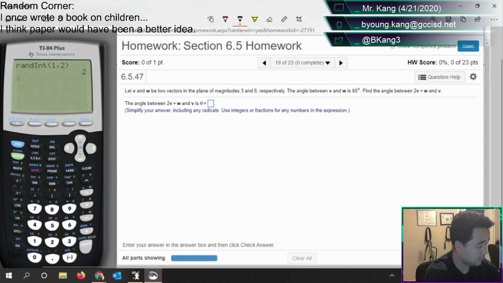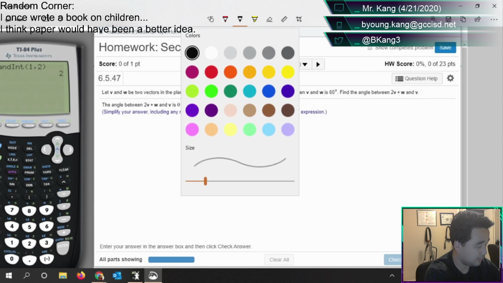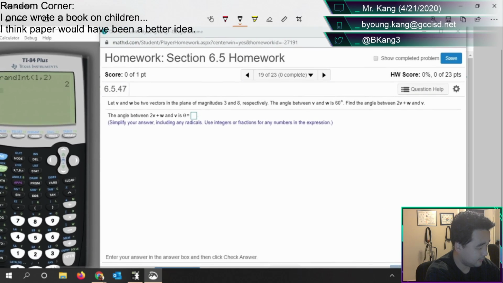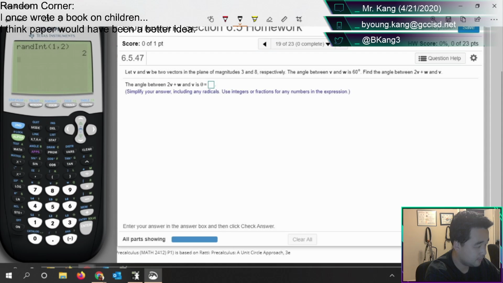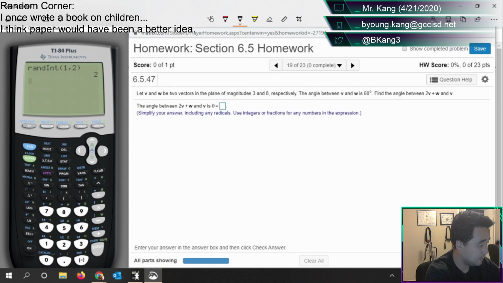Whoa, wait a minute. Sorry, I got my little annotation thing. Why aren't you drawing? It was just drawing not 2 seconds ago. What's drawing now?